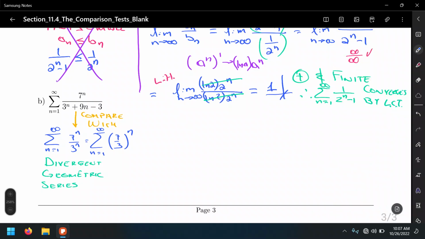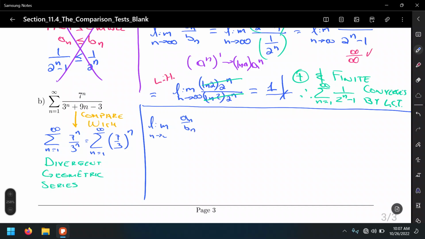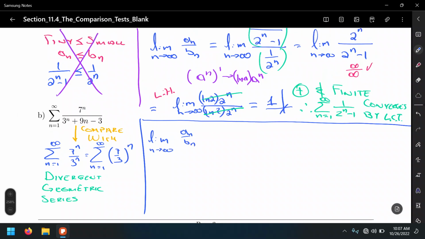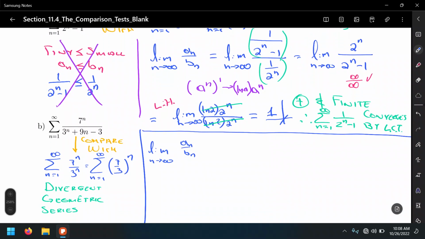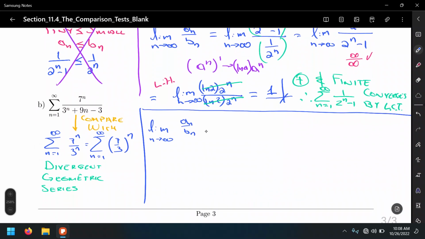Set up a limit: a sub n over b sub n as n approaches infinity, where a sub n is always the sequence related to the original problem, and b sub n the sequence related to the test series. So that's going to be the limit of 7 to the n over 3 to the n plus 9n minus 3, over 7 to the n over 3 to the n, as n approaches infinity.